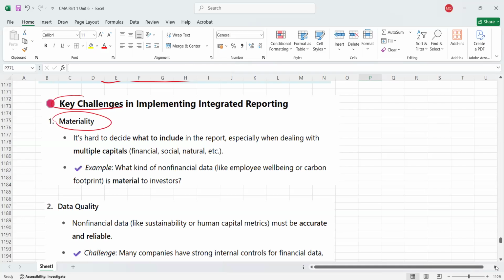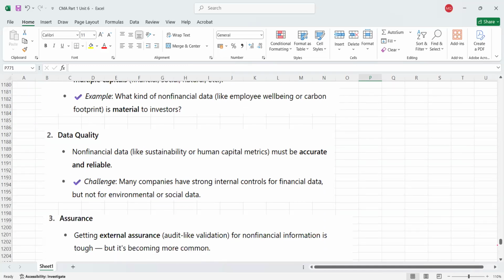Then the second is data quality. Sometimes financial data is verifiable, like financial statements; definitely they are verifiable, auditors do it. But if you have non-financial data like sustainability or human capital metrics, again the quality of data is questionable, right?